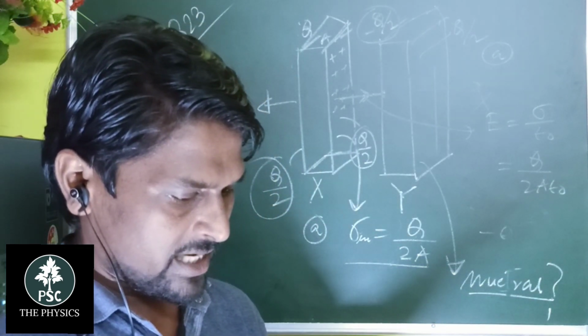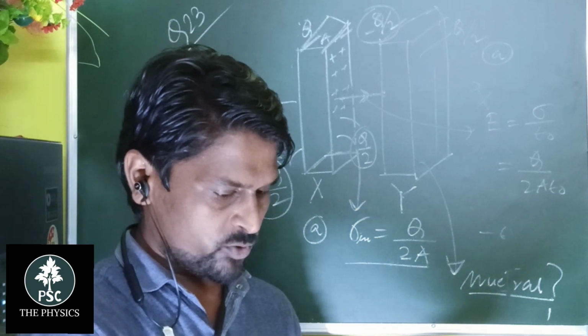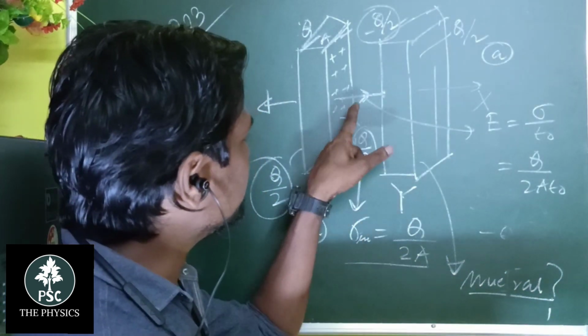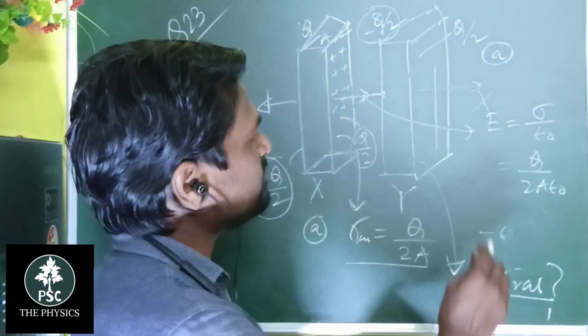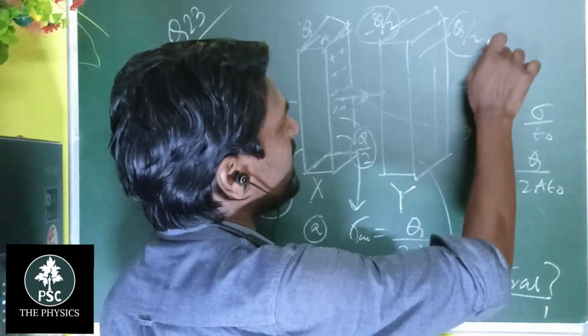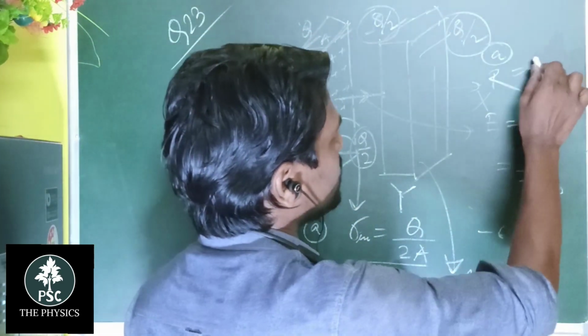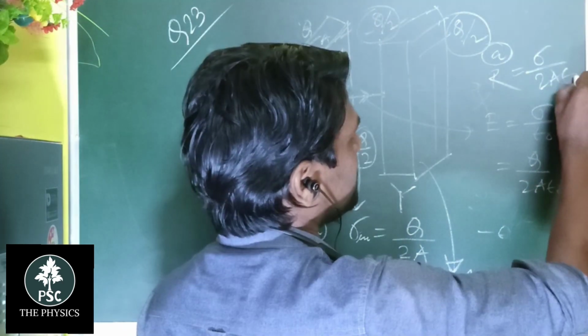B, the electric field at a point to the left of the plate. The electric field at a point between the plates. What about between the plates? It is this one. And along this direction, if we calculate to the right of the plate, then this is also Q by 2. So the electric field is also Q by 2A epsilon naught.